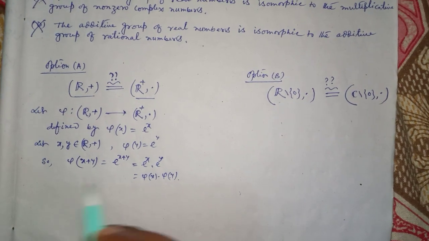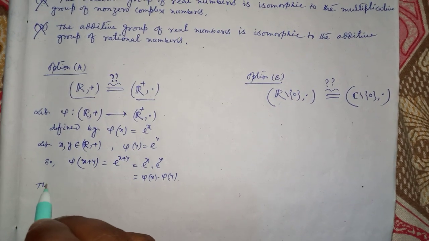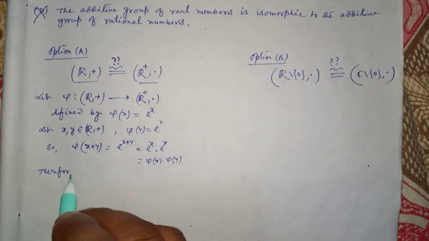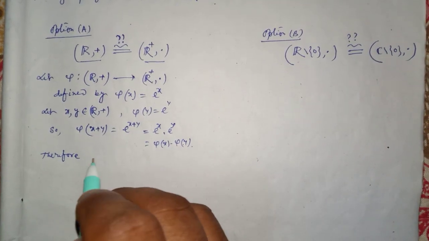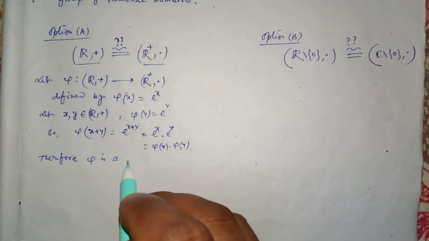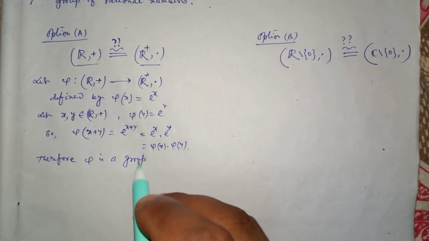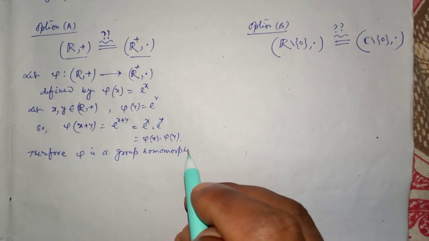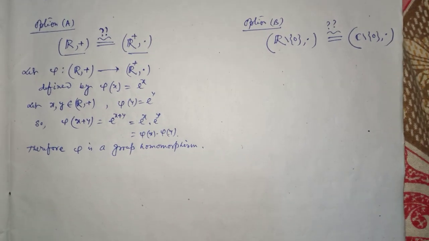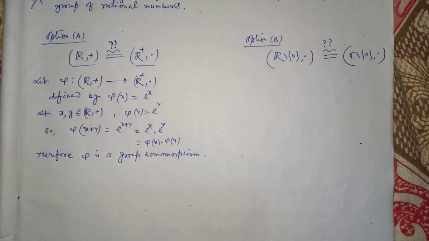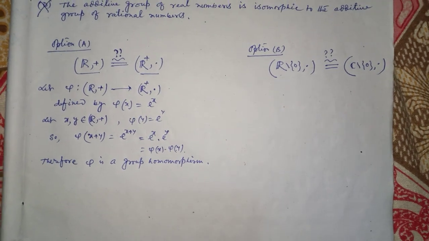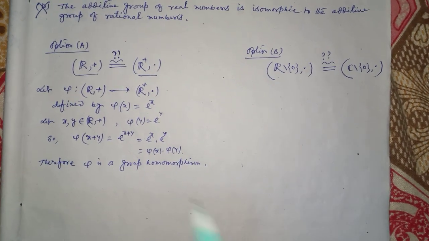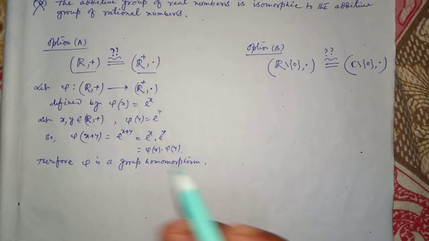Therefore phi is a group homomorphism. Now we check whether the group homomorphism is injective and surjective.